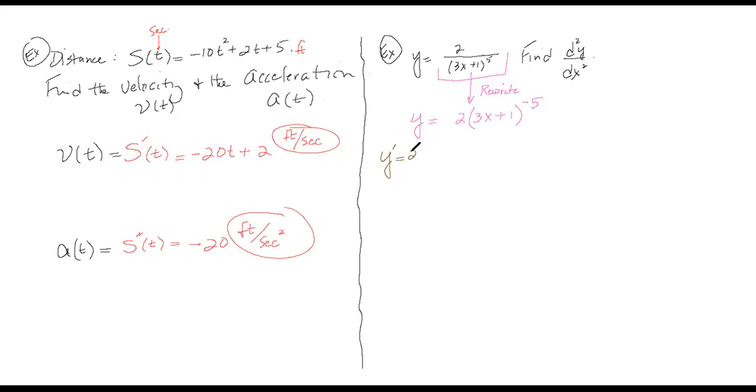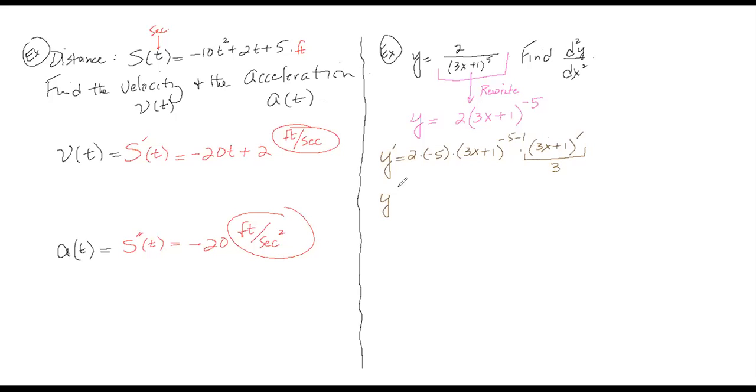So this will be 2 times negative 5 times (3x plus 1) to the negative 5 minus 1 times (3x plus 1) prime. So if I prime this, I get just a 3.